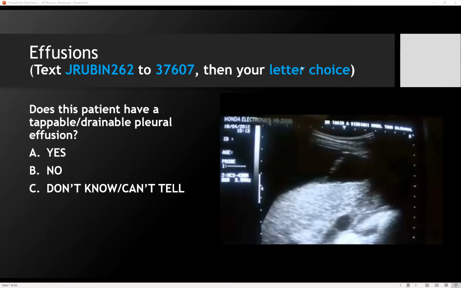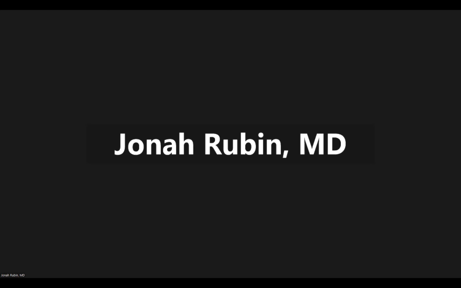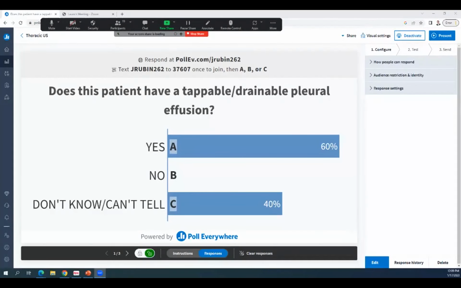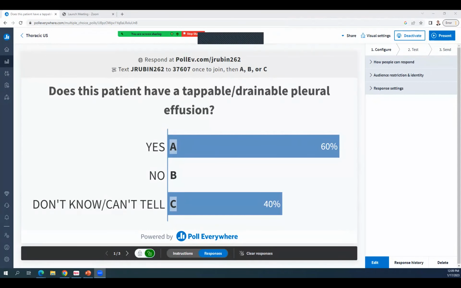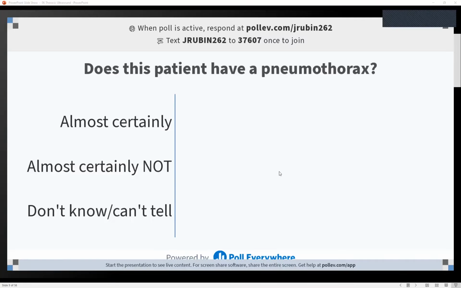All right, so I will show you the responses here. So we've got 60% saying yes, it's a tappable, drainable pleural effusion, 40% who don't know or can't tell. Next question: does this patient have a pneumothorax?